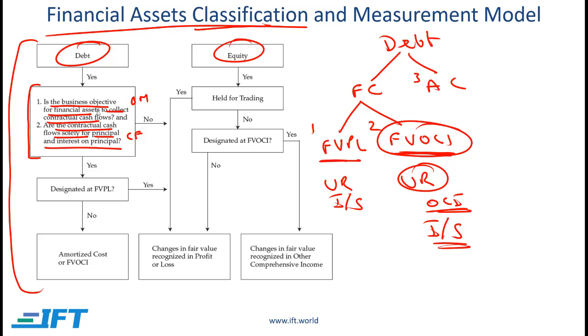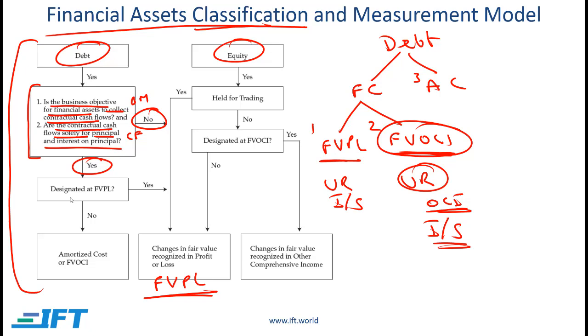If the answer to these two questions or either of these questions is no, then the instrument is classified as fair value PL. So in this case, the instrument is categorized as fair value through profit or loss. If the answer to these two questions is yes, then management still has an option.